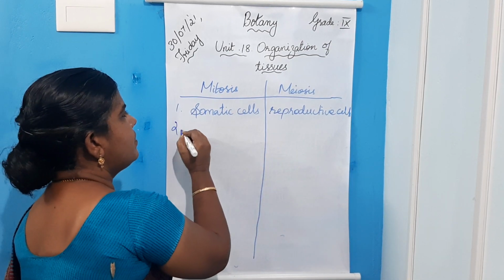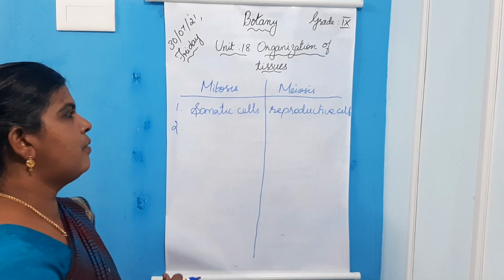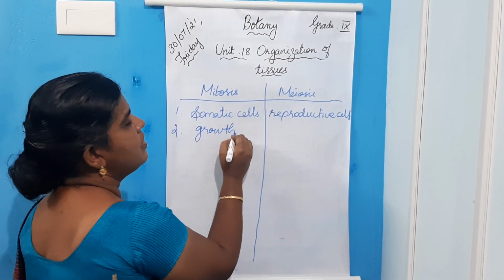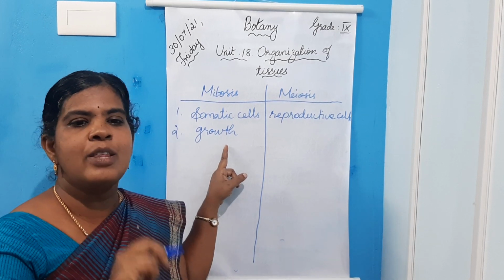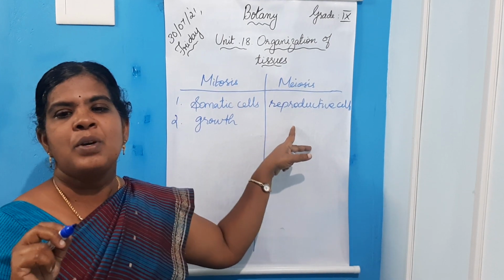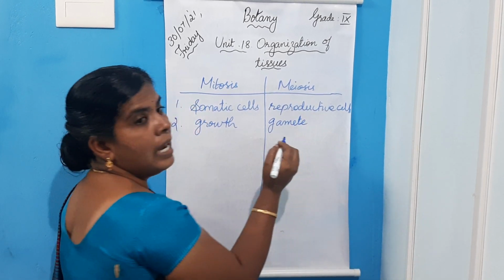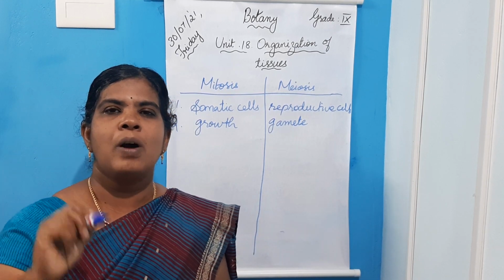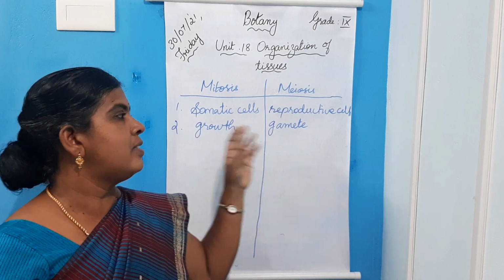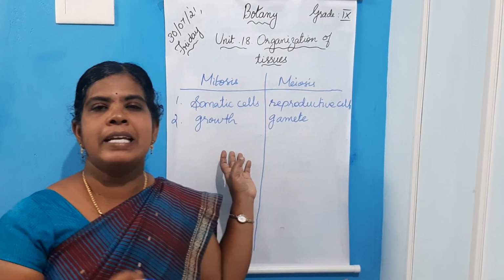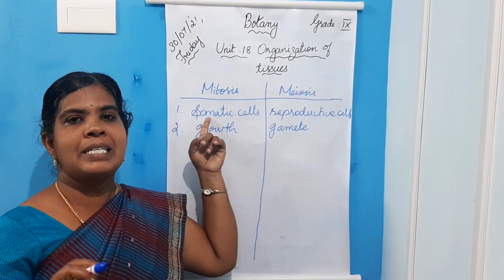Second difference is that mitosis is involved in growth and occurs continuously throughout life, because it takes place in somatic cells or body cells.